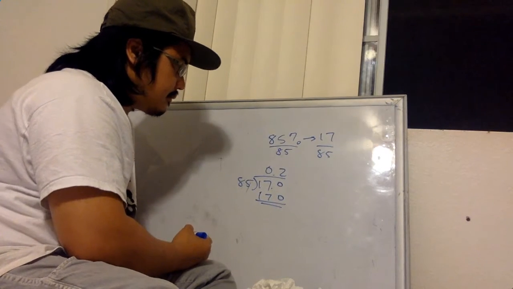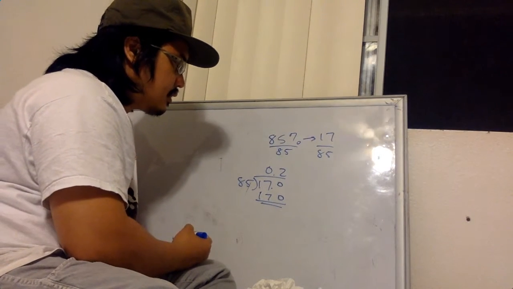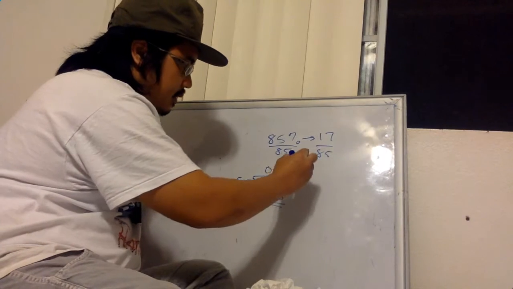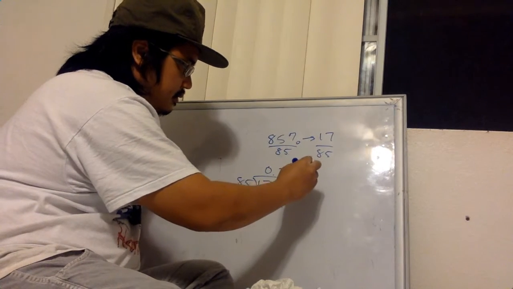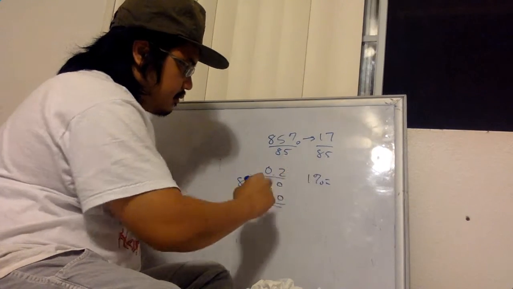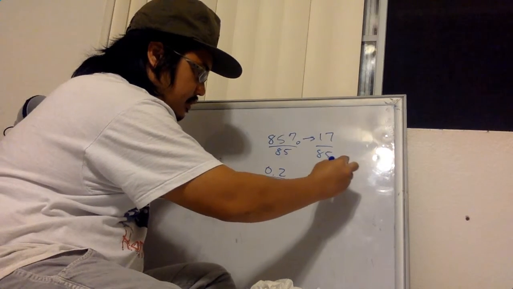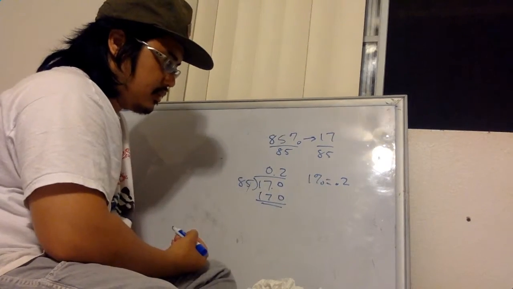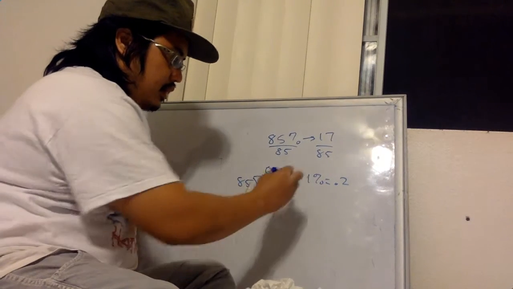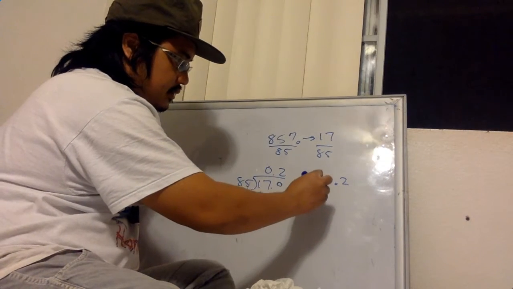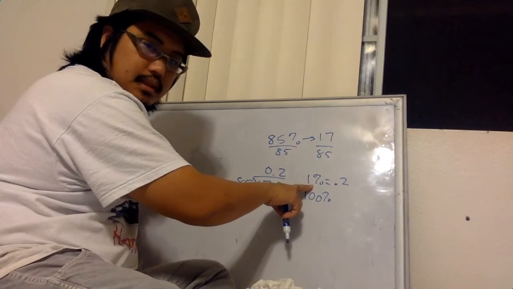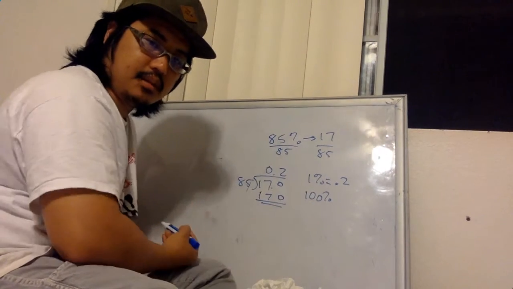Okay. So 1%, which is 17 over 85, is equal to 0.2. So 100% is basically taking this 1% and moving the decimal place 2 times to the right.